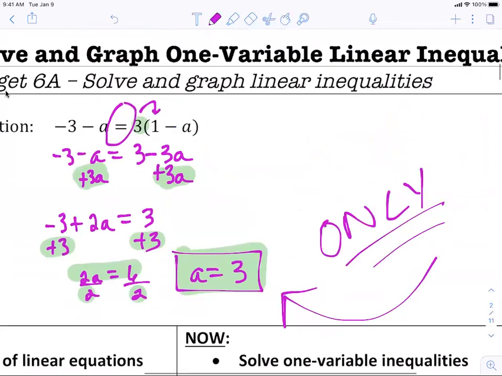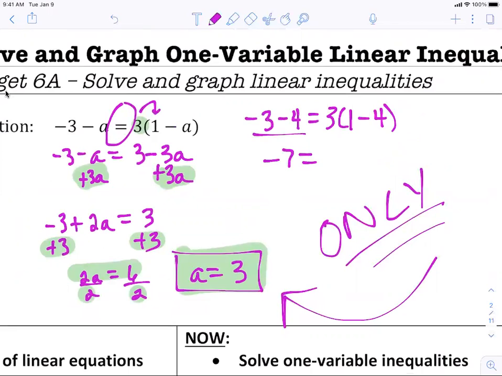If I try plugging in anything other than a equals 3, say negative 3 minus 4 is going to be negative 7, and 1 minus 4 ends up being negative 3 times 3, which is negative 9. And that is totally not true.